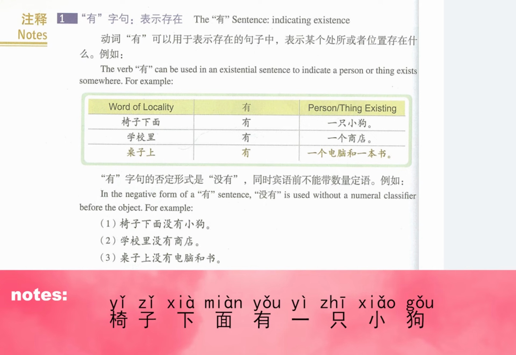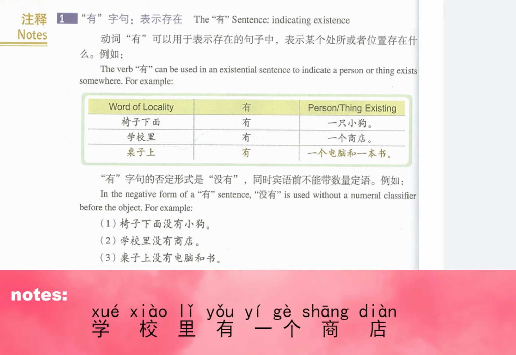椅子下面有一只小狗。Sentence number 2. 学校里有一个商店。学校里 means inside the school. 里 means inside somewhere.